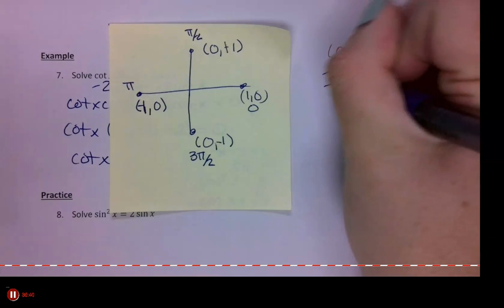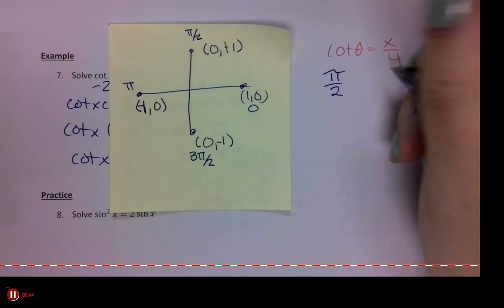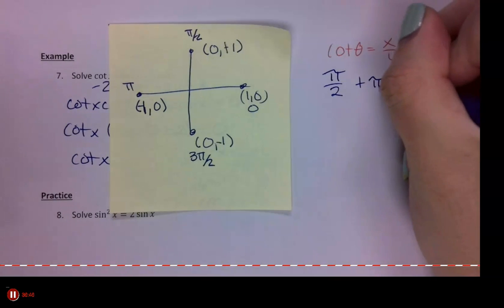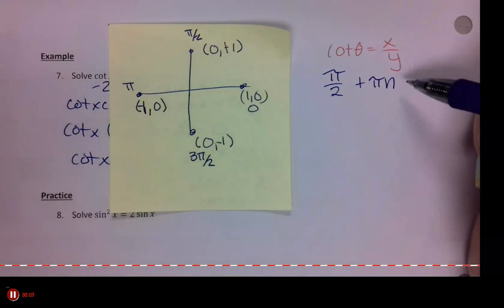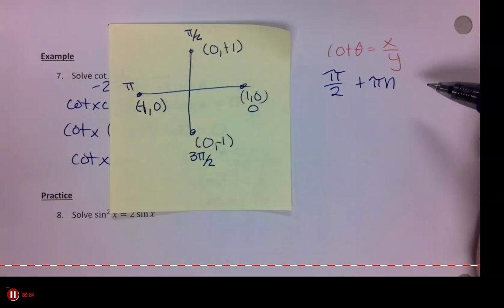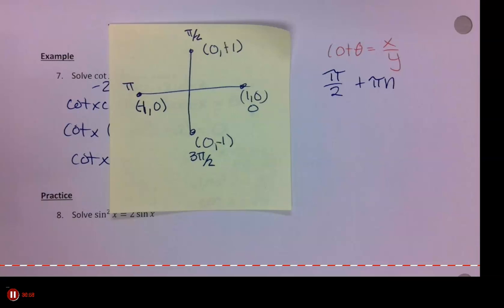So I'm going to write pi halves because this is cotangent. It matches up with tangent. So my rule is plus pi n. And if I had plugged in 1 for n, that would give me 3 pi halves. So I'm covered. I only need to write one answer when I have cotangent.